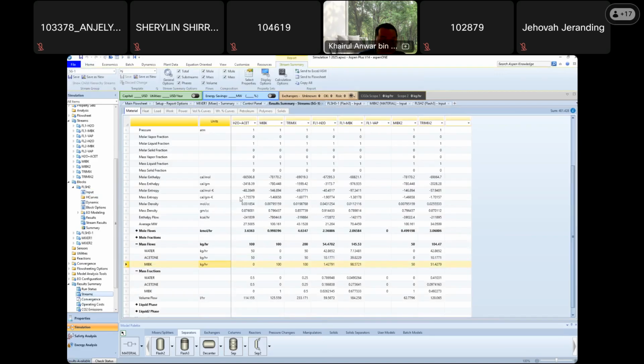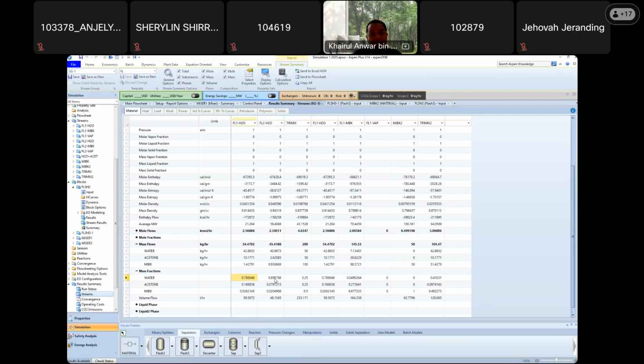Go to stream. You have a lot of streams you are interested in: FL1 H2O and FL2 H2O. Check the mass fraction for water. You see the previous separation unit can only achieve about 78% mass fraction of water.